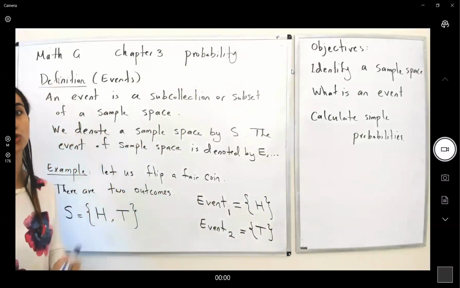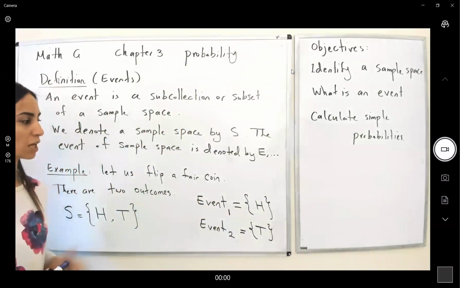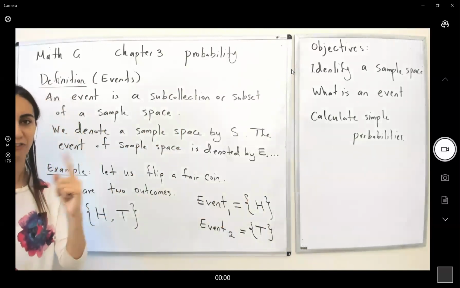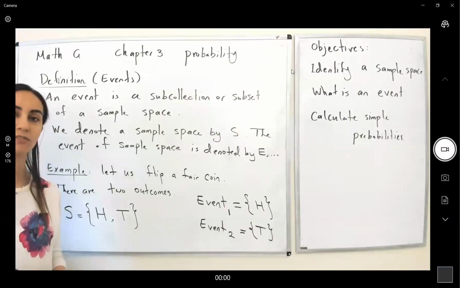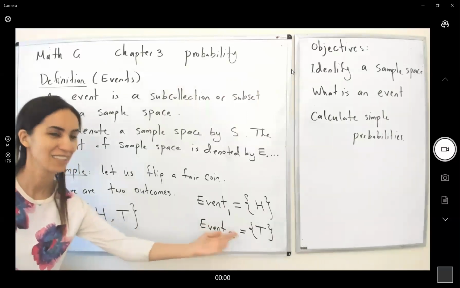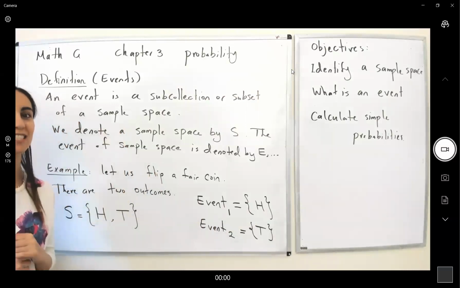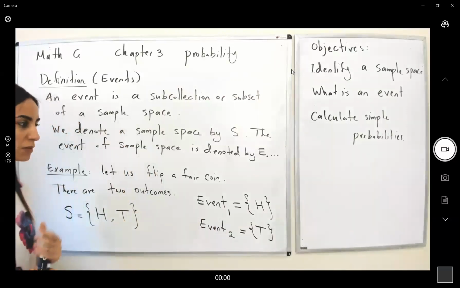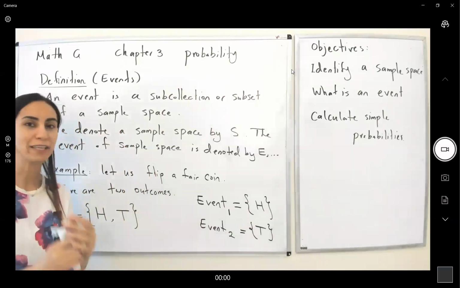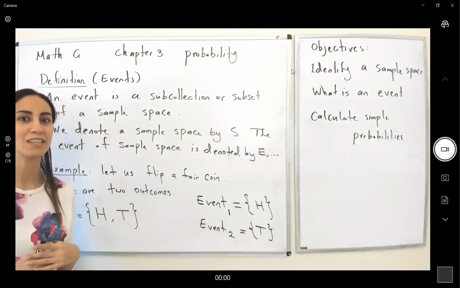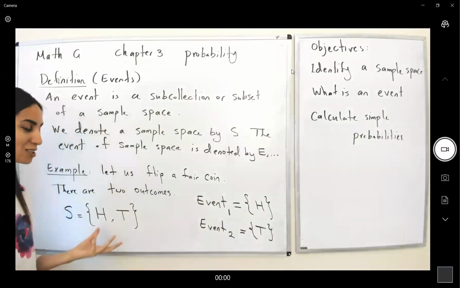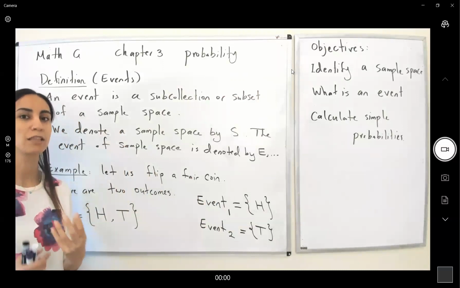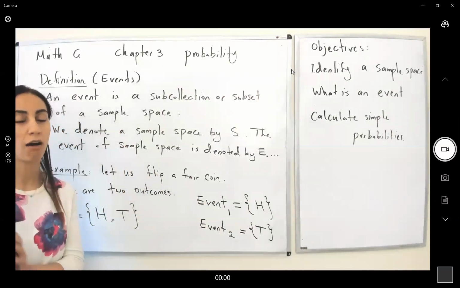Two events or two subsets. Take a look at these two events. The cardinality of the first event, or the size of the first event, is 1. The cardinality of the second event is 1 again. The size of each of these two sets is equal to 1. Note that we're trying to use the size of these subsets and the size of your sample space to define the probability of an event.